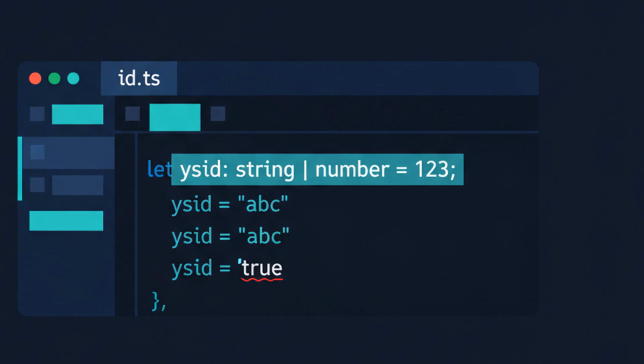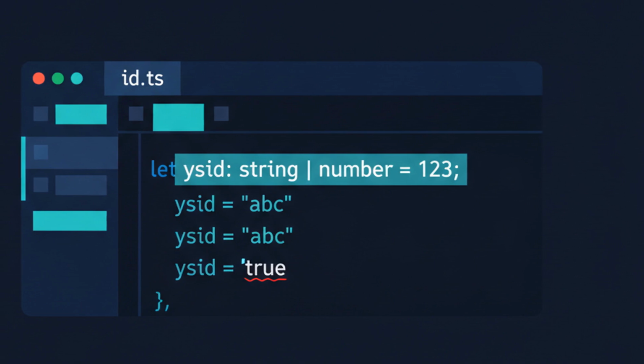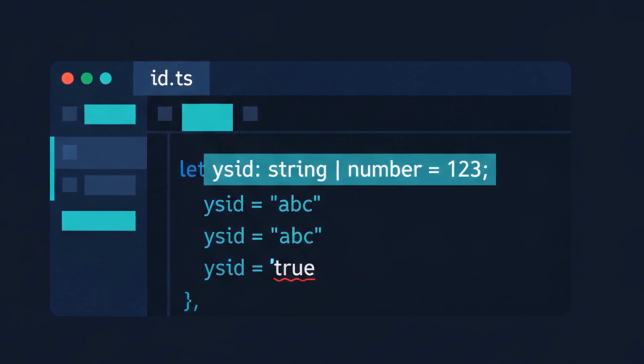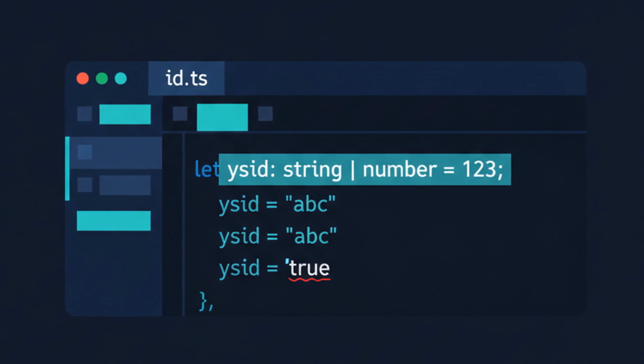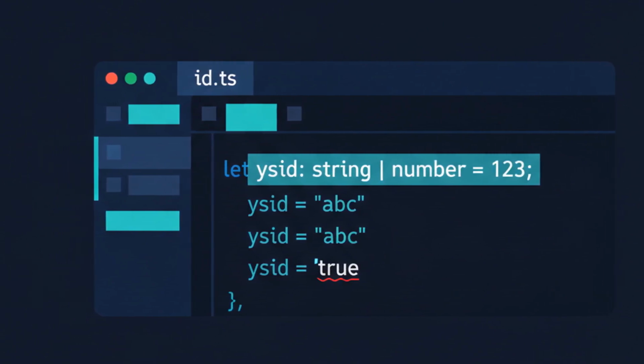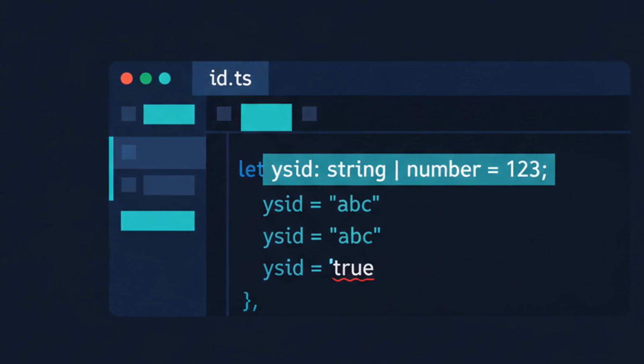Here's a union type in action. We declare a variable whose type is string or number, written with a pipe between them. Now TypeScript will happily accept either a number or a string for this value. But try to assign a boolean and it stops you cold. That pipe means one of these, not all of these.